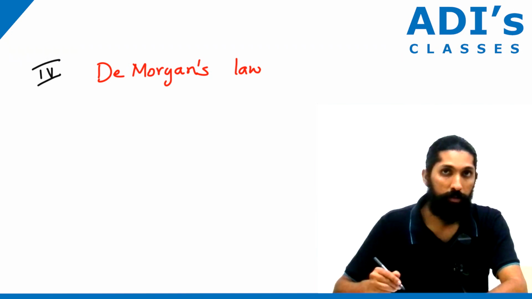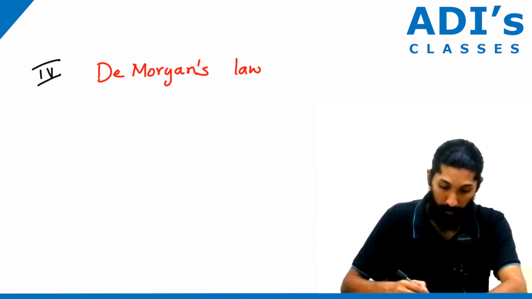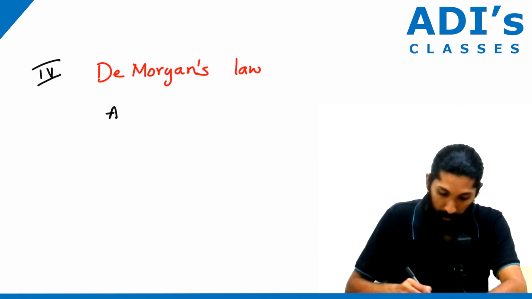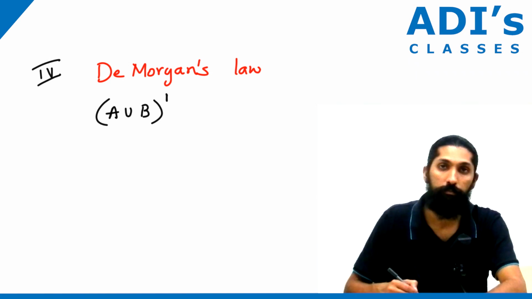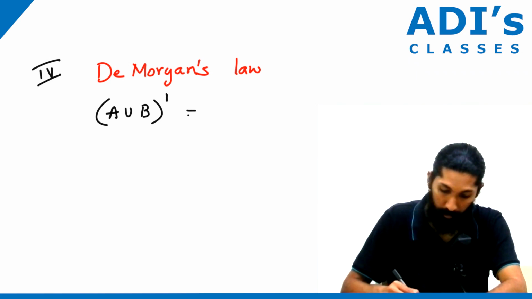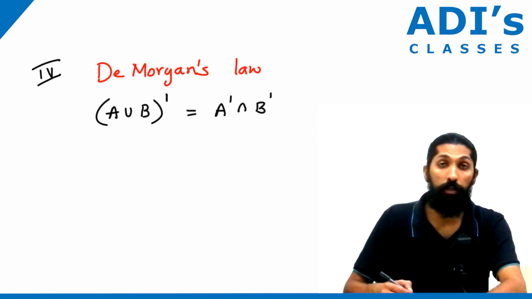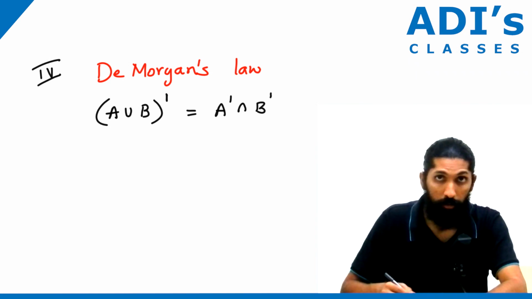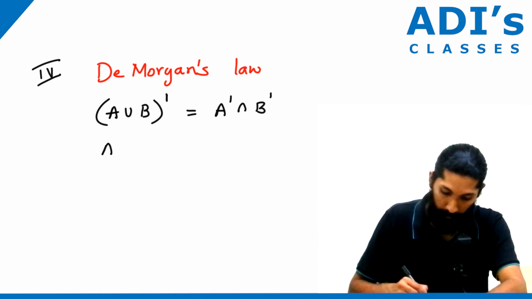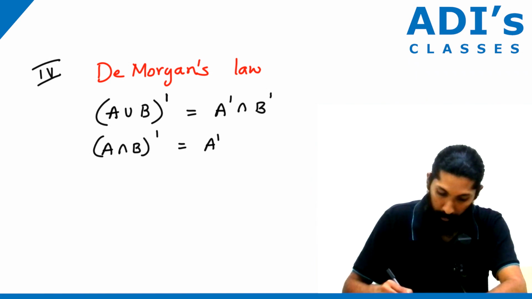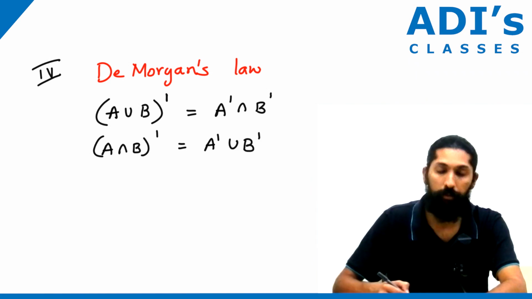Now, what De Morgan's law states is that if you have A union B whole complement, then this is equal to A complement intersection B complement. This is one of De Morgan's laws. The second one is: if you have A intersection B whole complement, this becomes A complement union B complement.